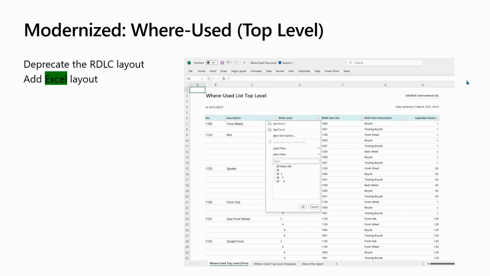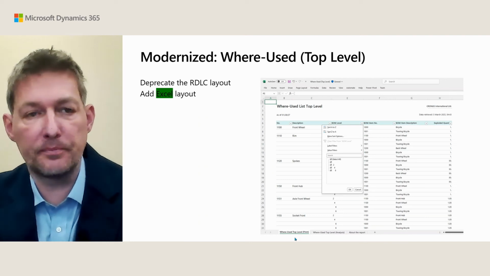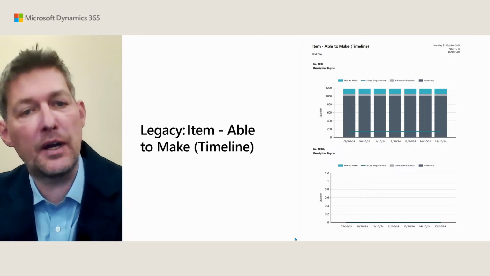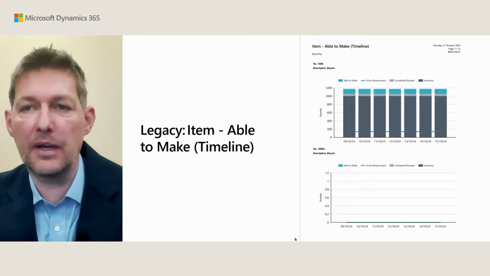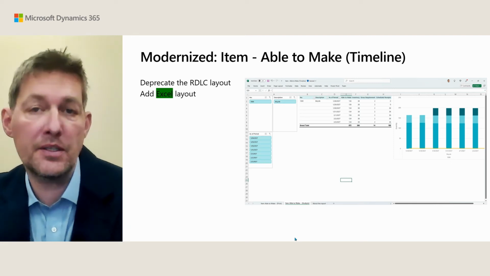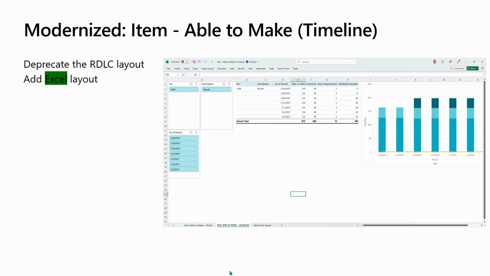But because in our Excel layouts we always have a printable worksheet, if you need to print it, you can just use that. Okay, one more item, the able to make timeline. This is the old report. And here is another example of a report that just got a replacement with an Excel layout. So yeah, just one more example of that.